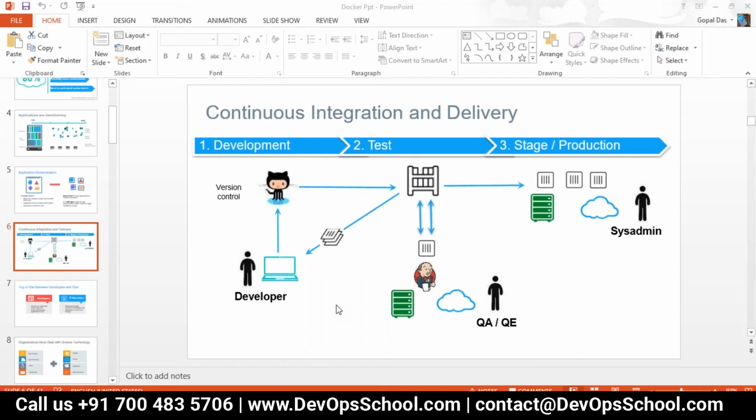Anyone who is a developer and who is doing CI/CD? Gopal. So CI/CD is an application that we use to deploy our code to higher environments without any dependencies on the subsequent grants or environment-specific privileges.